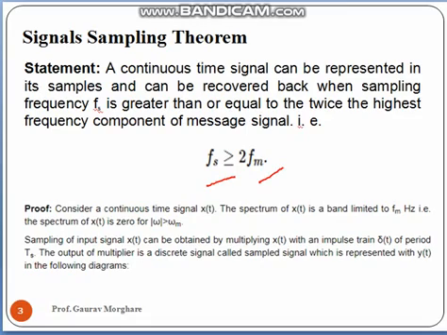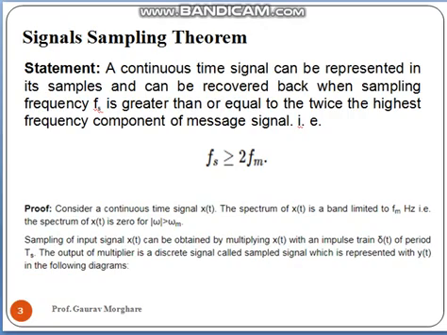So moving on to the proof, first we will consider a signal x(t) which is band limited, with the maximum frequency component as fm. The spectrum of x(t) is also shown; I'm going to show it in the next figure slide.